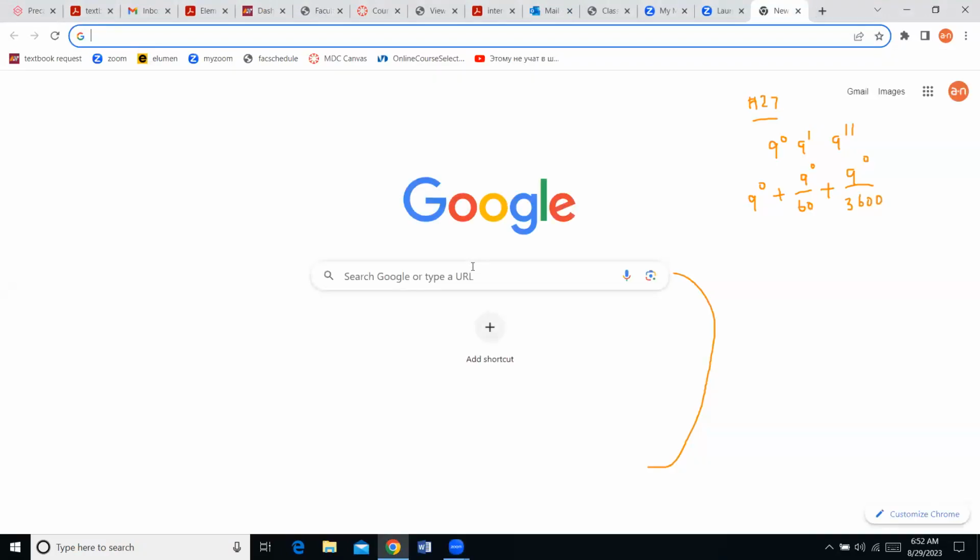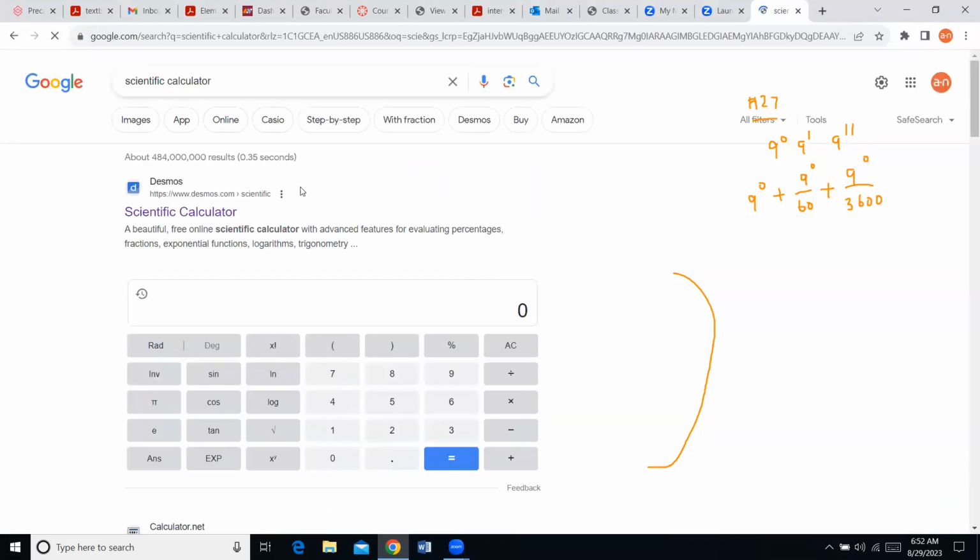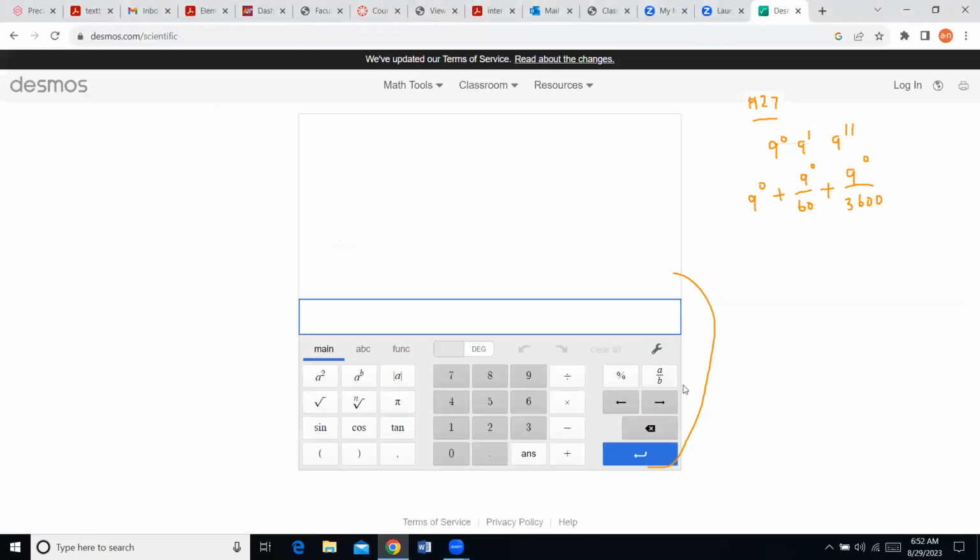So let me get the scientific calculator, just start typing it in Google and get that first selection that I will always use here, called Desmos, and just enter those numbers carefully. So I go 9 plus this 9 divided by 60, and then also add it with 9 divided by 3600.